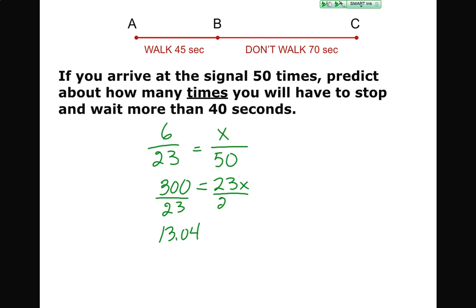So how would we answer this question? How many times? I think we'd say about 13 times. So about 13 times out of 50, when we come to this signal, we have to stop and wait more than 40 seconds.